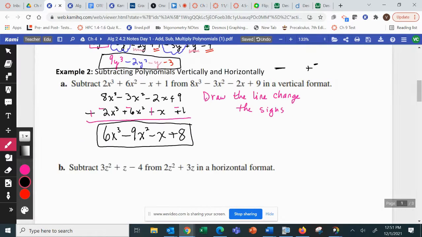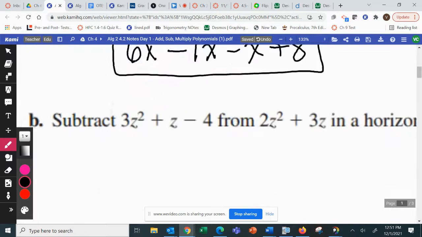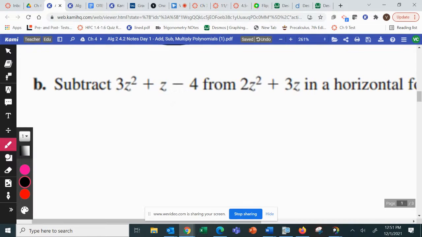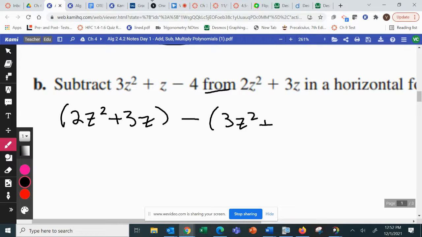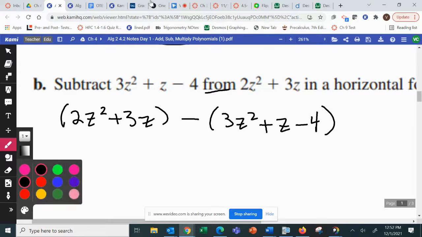And then last example would be if you would like to subtract in a horizontal format instead. And it says from again. So we're going to start with 2z squared plus 3z. And then we're going to subtract 3z squared plus z minus 4. So how do I get rid of the parenthesis?